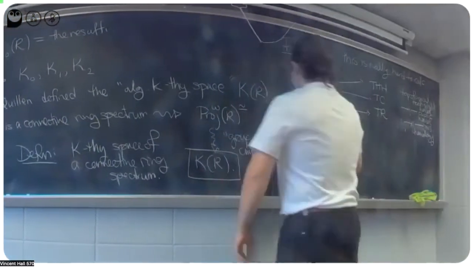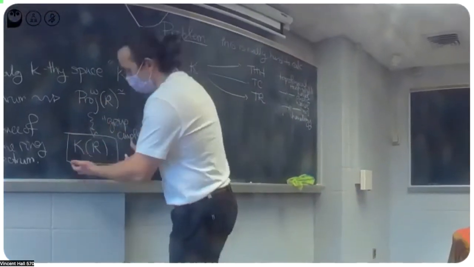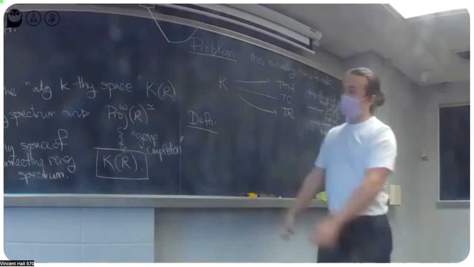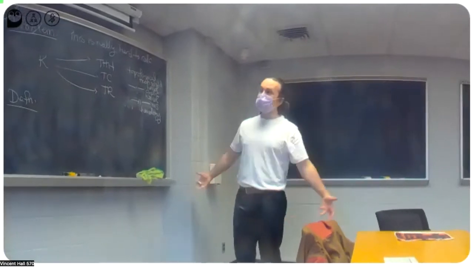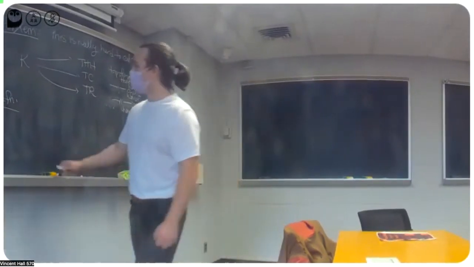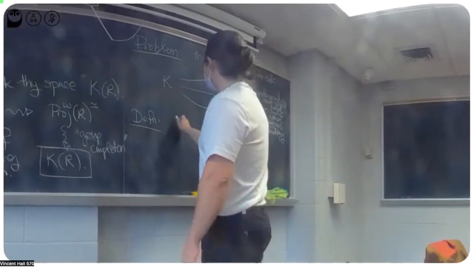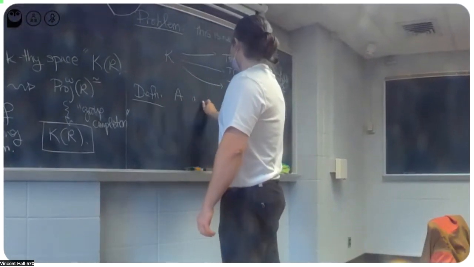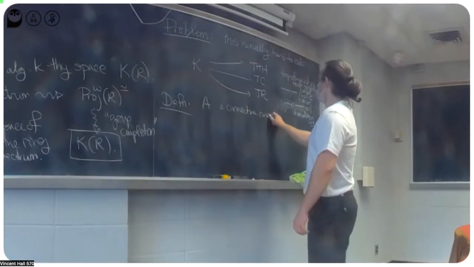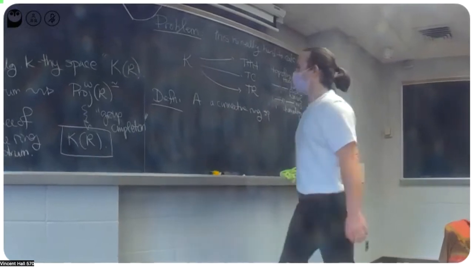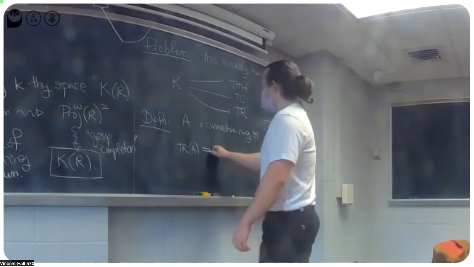Okay, so I told you earlier that this K-theory construction is a functor of ring spectra, full stop, not just connective ring spectra. Not that we'll need this, but so I don't have to write TRR, for a connective ring spectrum A, we're going to define TR of A by the following weird formula.